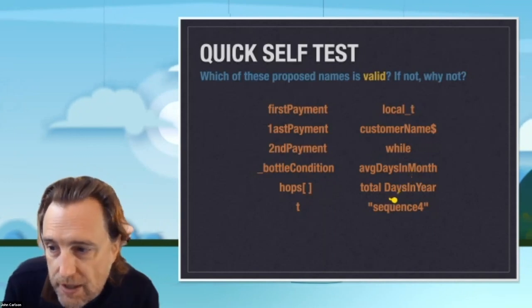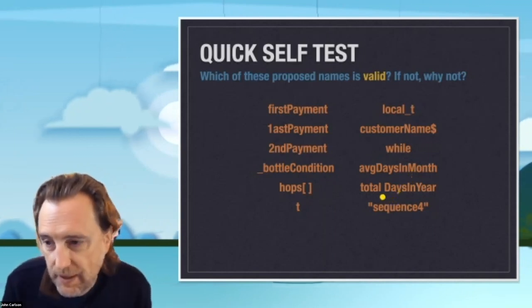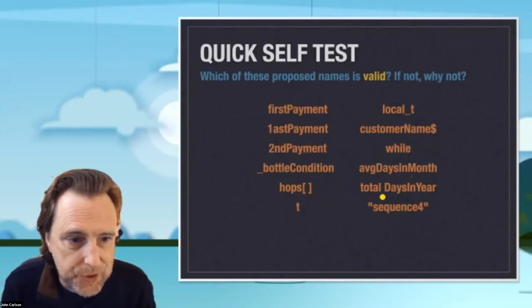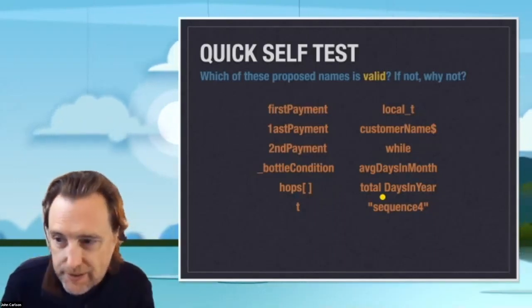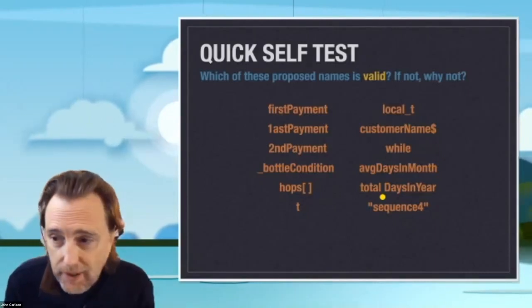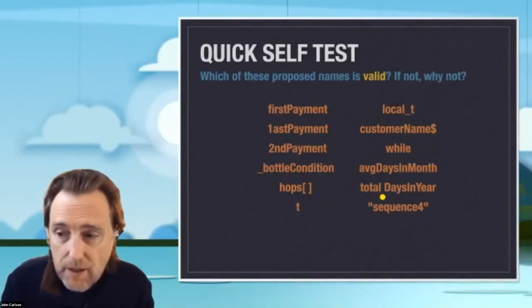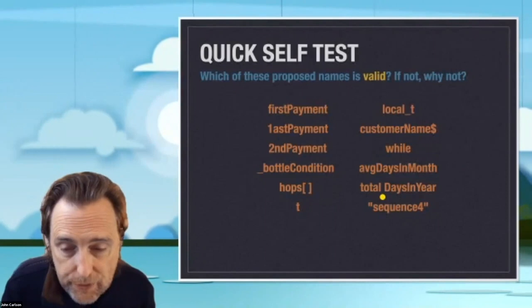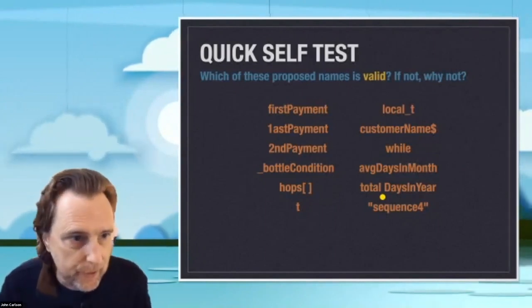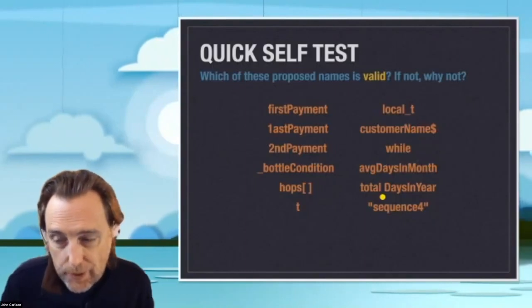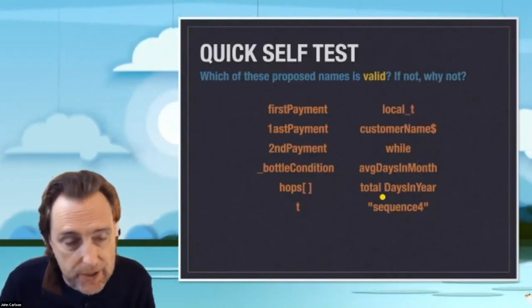Next one, total days in year. Again, you've got to notice that there's a space in there. If you pick up that there's a space in there, then that makes it not a valid identifier. Because the Lua interpreter, whichever one it is, will read in the word total and think that's a variable of some sort. When it hits that space, it thinks you're done naming that variable.